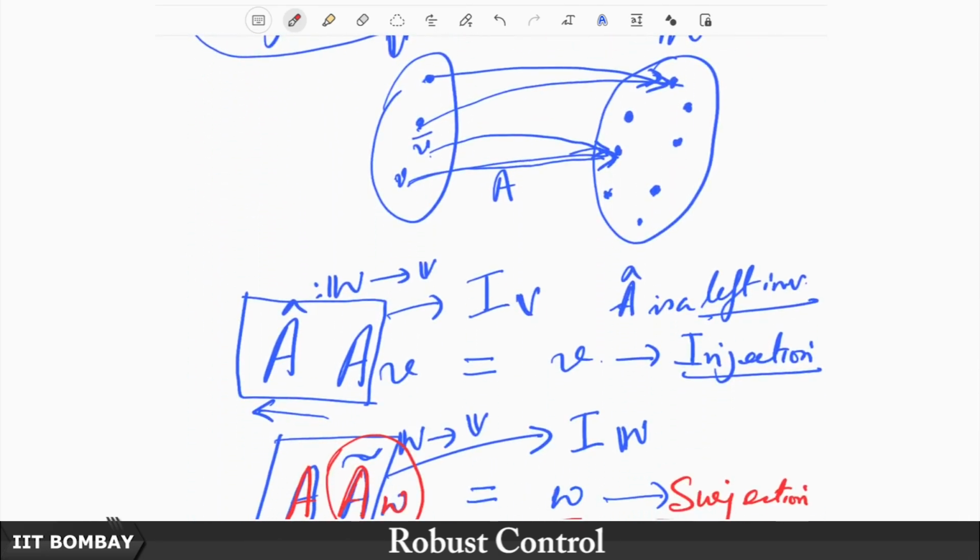What does full column rank mean, what does full row rank mean, what sort of a matrix has full column rank? You will see a tall matrix can have a full column rank, that is, if it is a full column rank matrix, it has to be at least a tall matrix, if not a square one. Similarly, a wide matrix is the only type of matrix that can have a full row rank, wide or a square matrix, right.